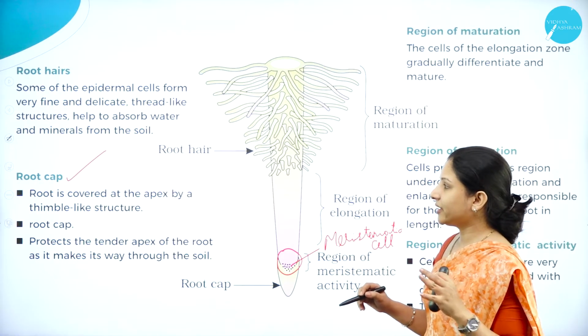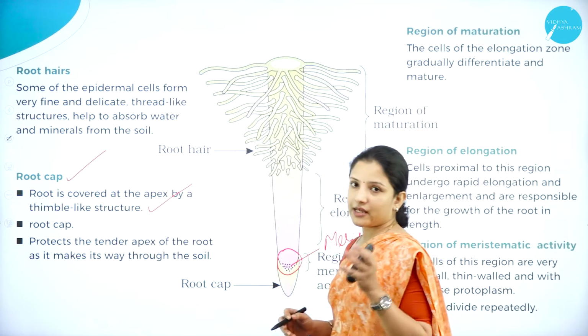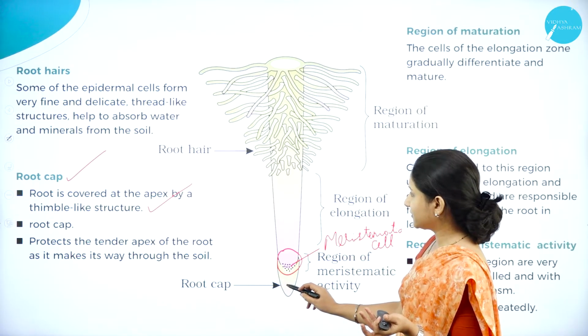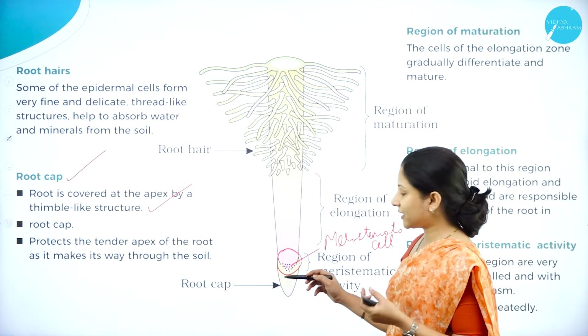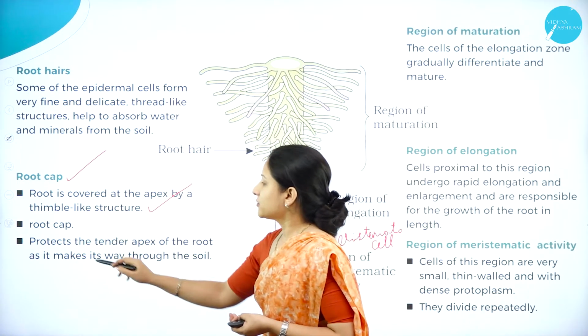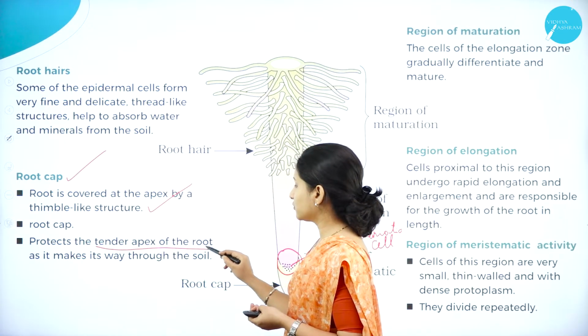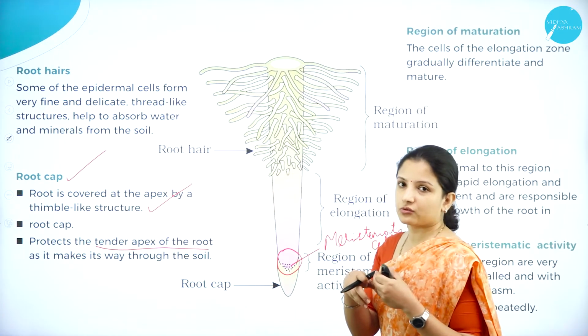The root cap is covered at the apex by a thimble-like structure. It is present at the tip of the root, and it protects the tender apex of the root when it makes its way through the soil.